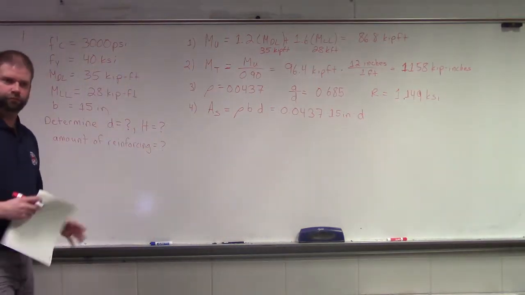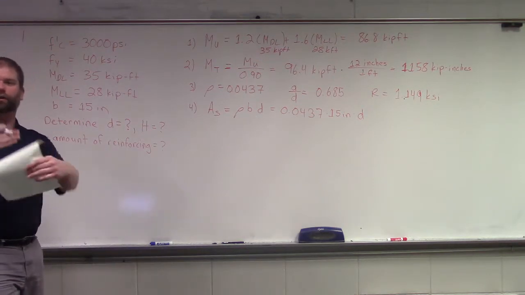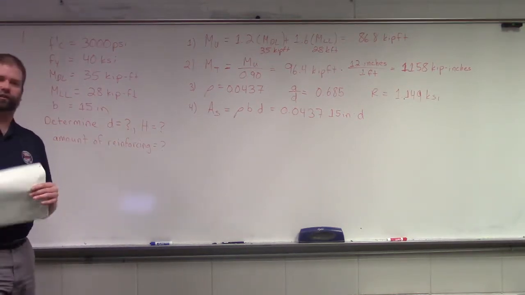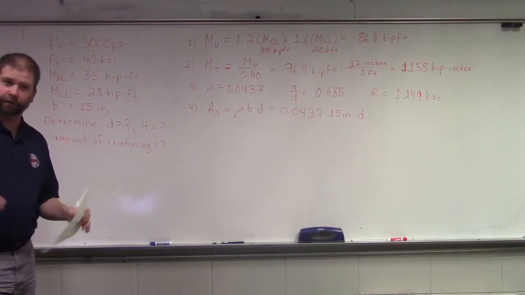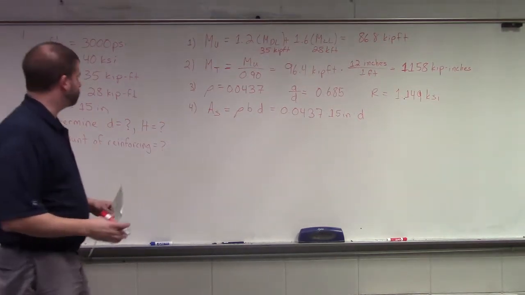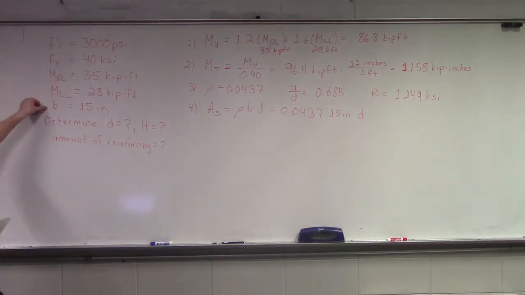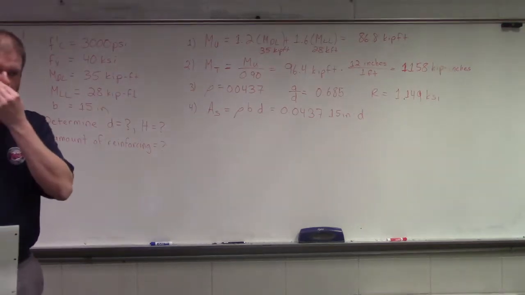How you set that up in your problem is of less concern to me than that you're doing both of them. Does that make sense? Where'd you get 15 inches from? It was defined as part of the problem statement.